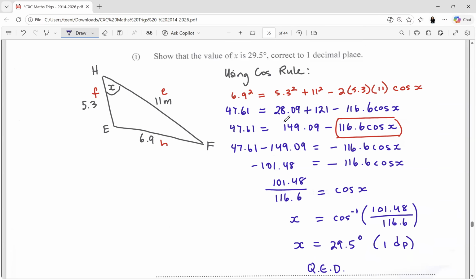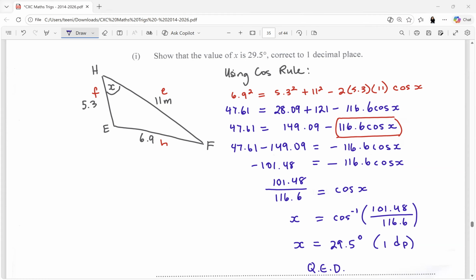All right, guys. So again, here is where students make the mistake, right? Lots of students would have done at this point, they would have gone from this line here.